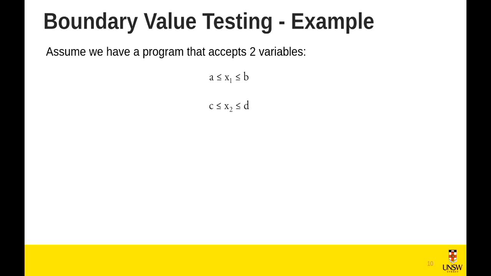So let's use an example to demonstrate what boundary value testing is. Assume we have a program that accepts two integers. The first one is x1 and the second one is x2. Both of them have certain boundaries: x1 is between a and b, x2 is between c and d.